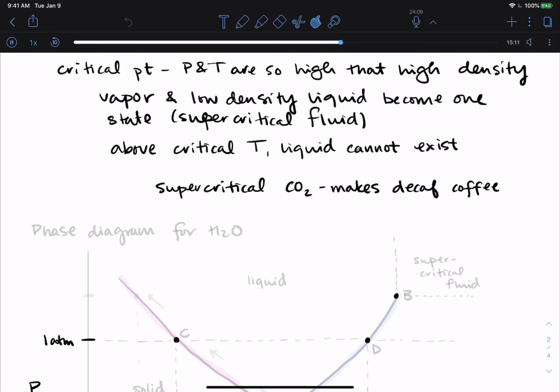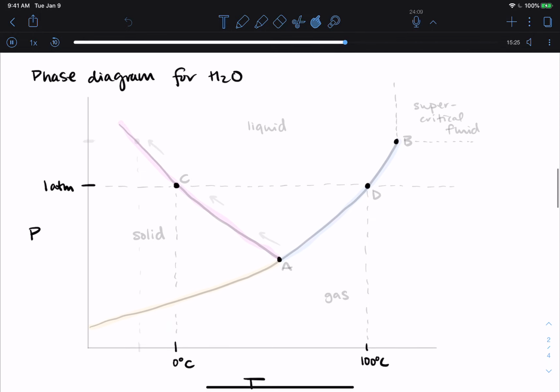Okay, so two pictures of phase diagrams. First, I'm going to give you the phase diagram for water. Like I said, it's going to be a plot of pressure versus temperature. What I'm going to do is get some points on here, and then I will come back and fill them in.